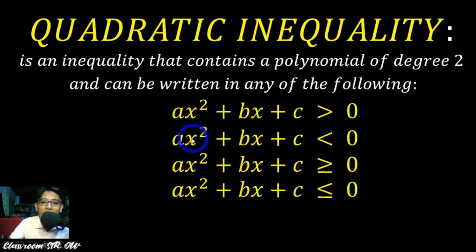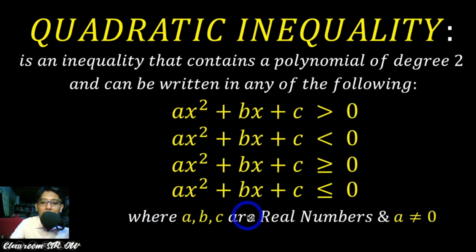Now, if you notice, guys, the polynomial has a degree 2. The highest degree should still be 2, and we use the inequality symbol for our quadratic inequality, where a, b, and c are still real numbers, and a should not be equal to 0.